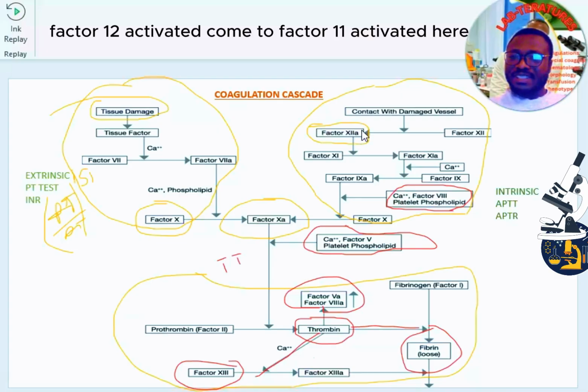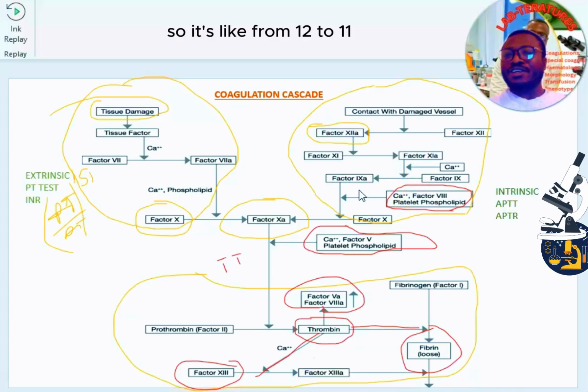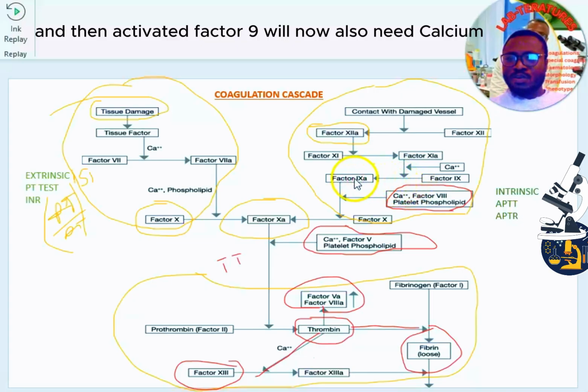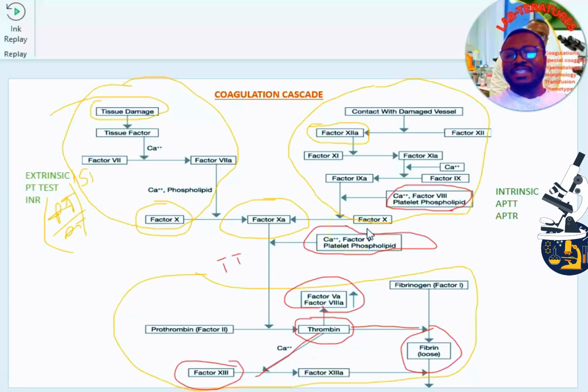Factor 12 activated, come to factor 11 activated. Here, then we need calcium, come down and activate factor 9. So it's like from 12 to 11 to 9. And then activated factor 9 will now also need calcium, and then comes down to activate factor 10. Back into the common pathway.